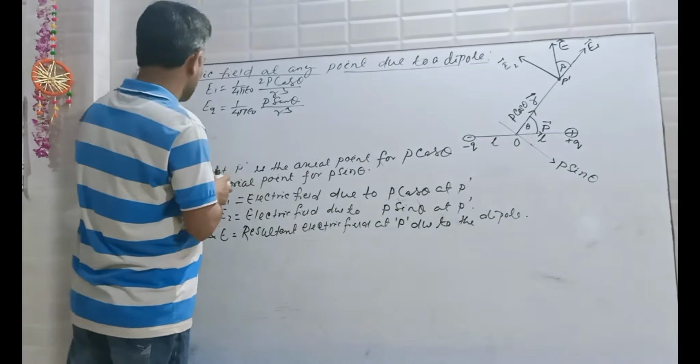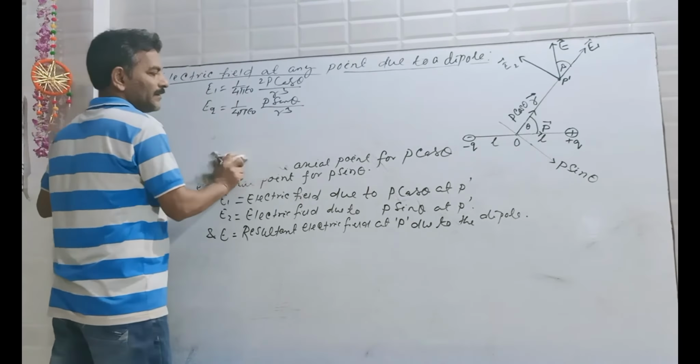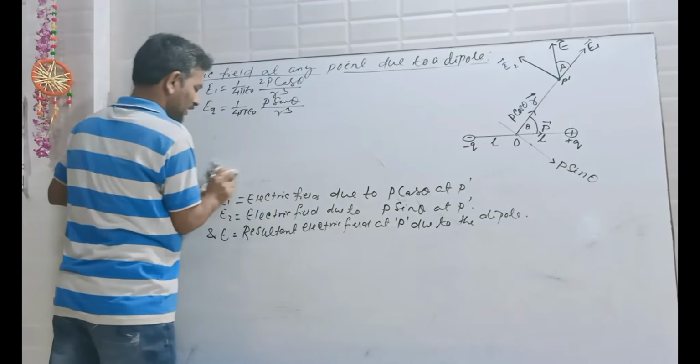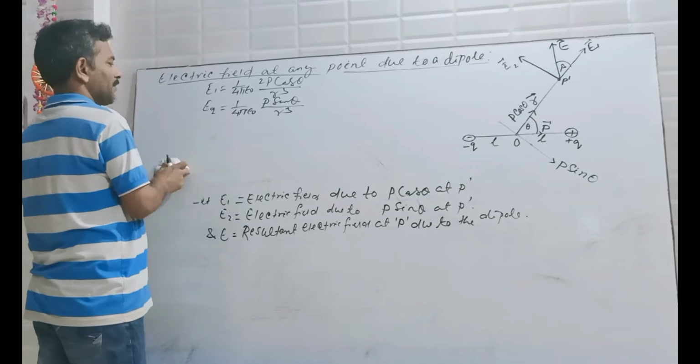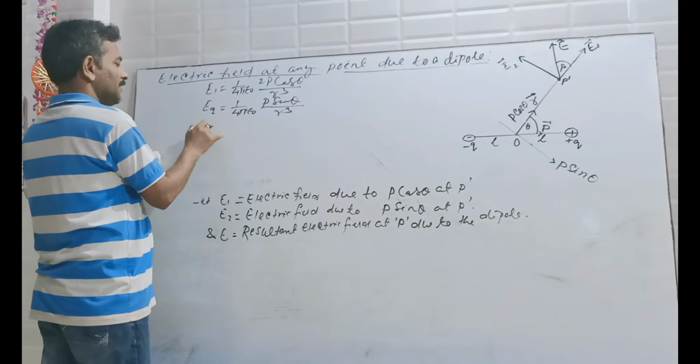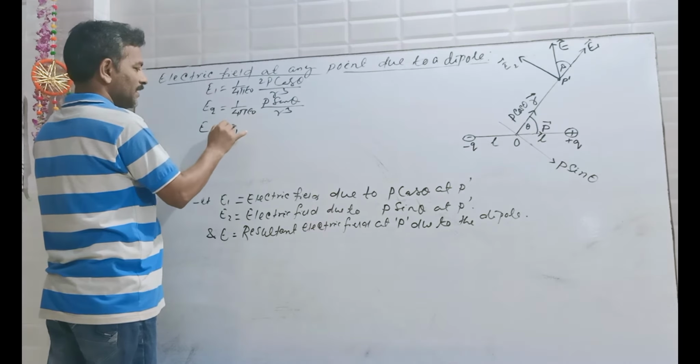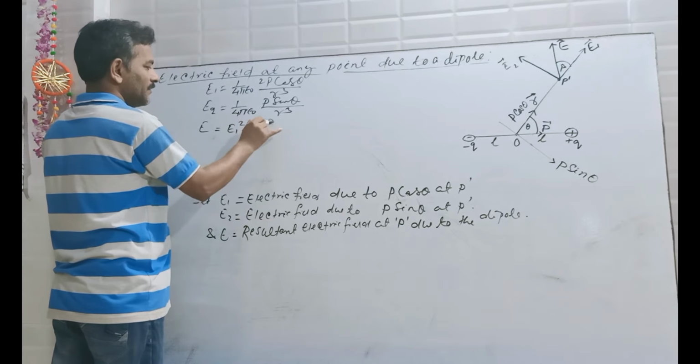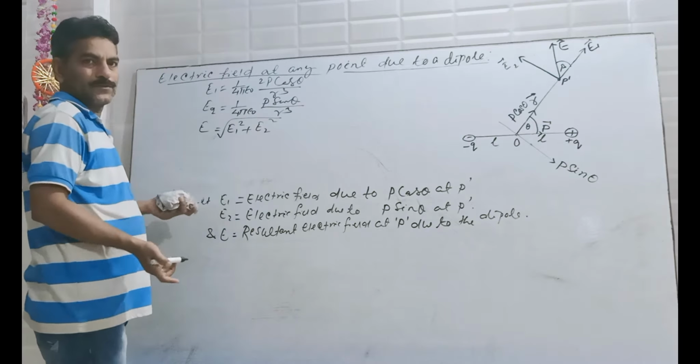Then what will be the magnitude of the resultant electric field? E is equal to the square root of E1 square plus E2 square.